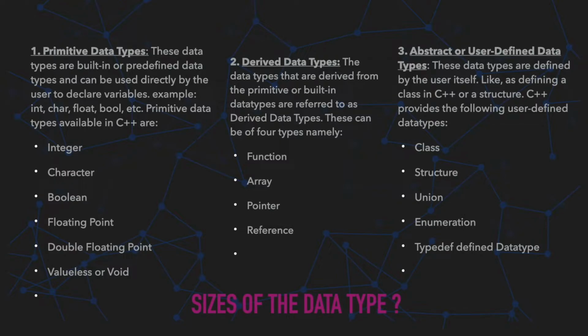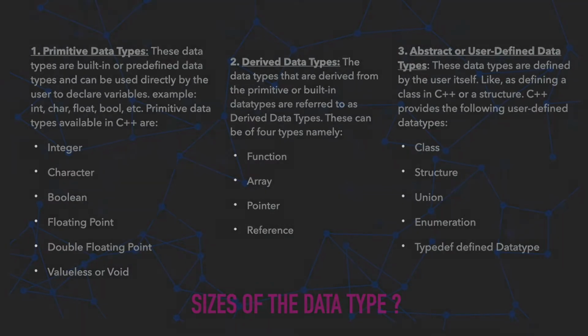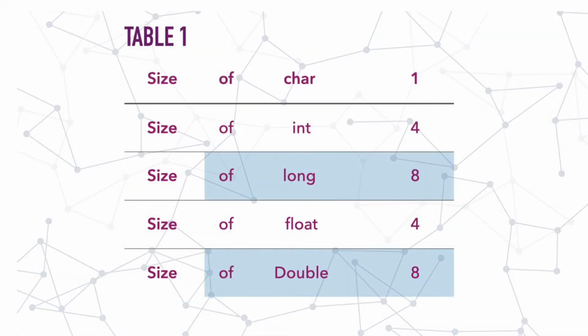Now let's understand what the sizes of the data types are. The character size is 1 byte, like A, B, small b, capital A, capital B, or any symbol has only size 1. The integer size is 4, depending upon the compiler's size or your PC, whether it's 64-bit or 32-bit.